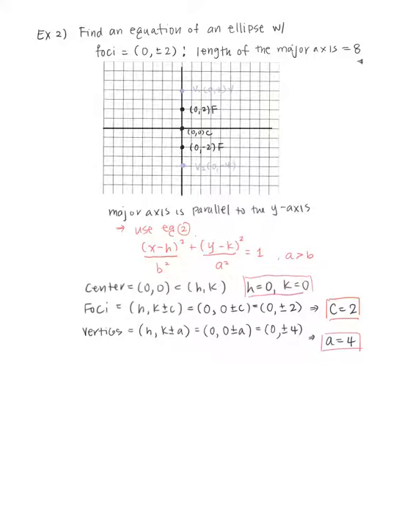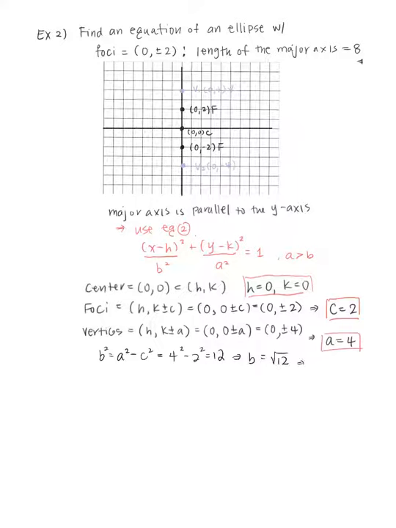Now what else do we need? b. Alright, so let's go with b² equals a² minus c², which is 4² minus 2², which is 12. So that implies that our value of b is going to be the square root of 12.